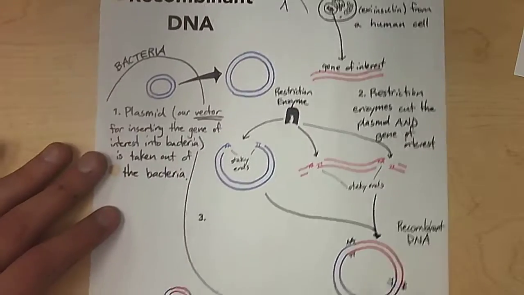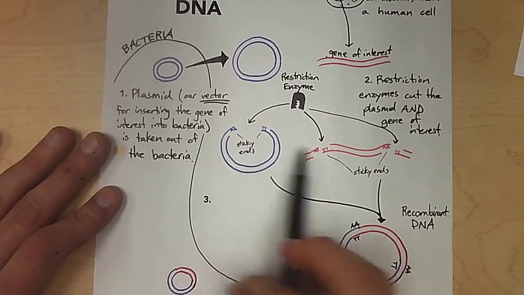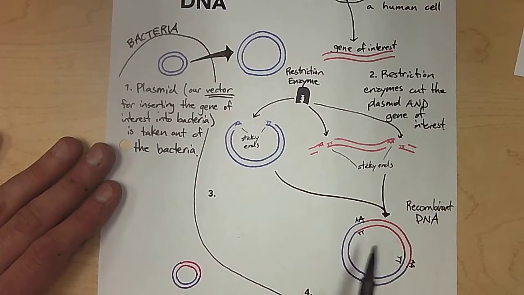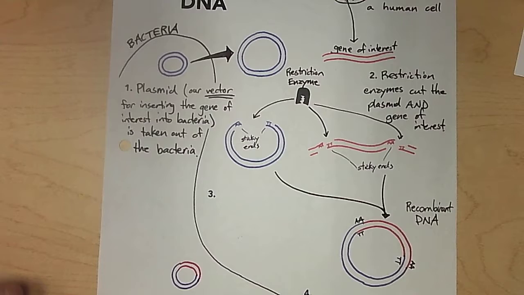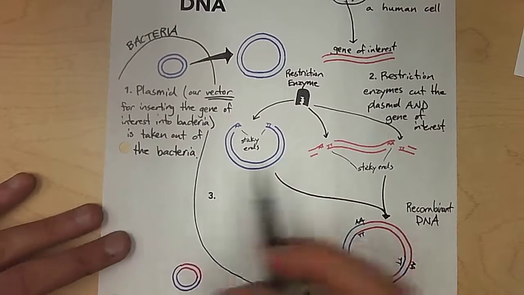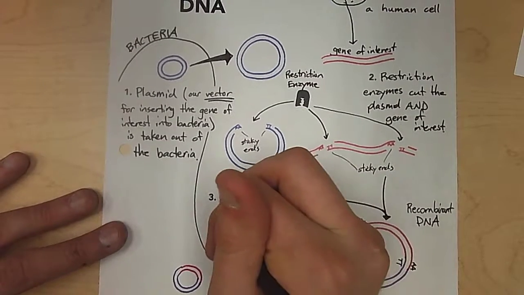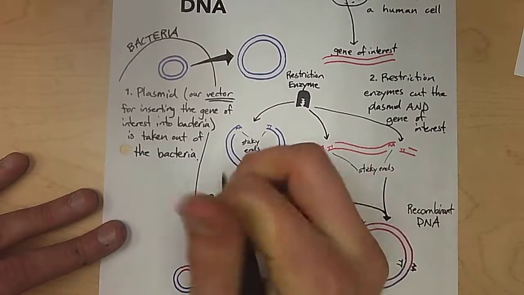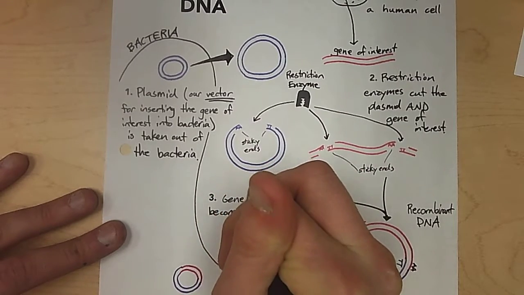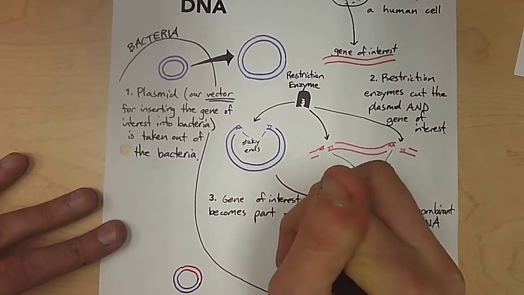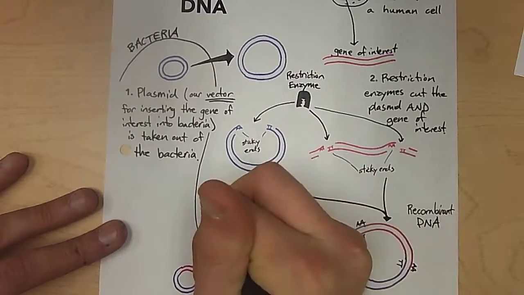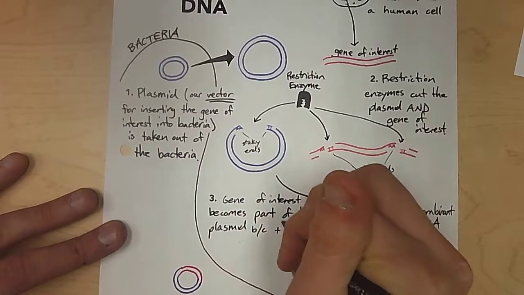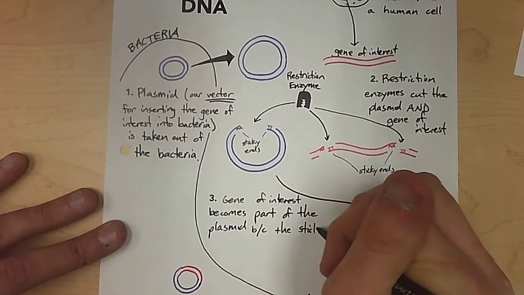The sticky ends of the gene match up perfectly with the sticky ends of the plasmid, and that's because they were cut by the same restriction enzyme. So to summarize, the gene of interest becomes part of the plasmid because the sticky ends match up.